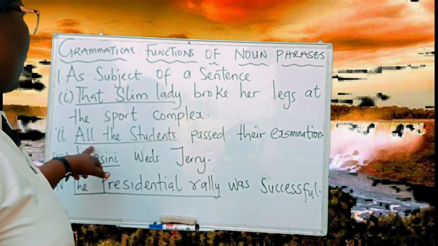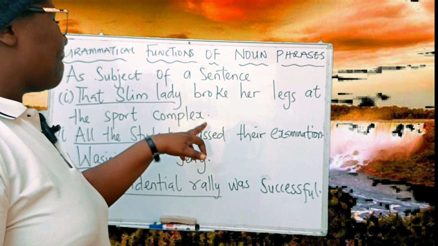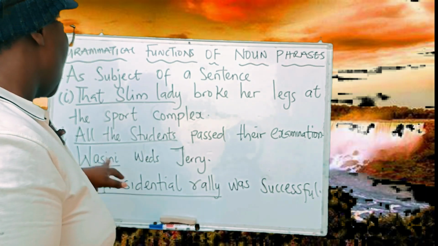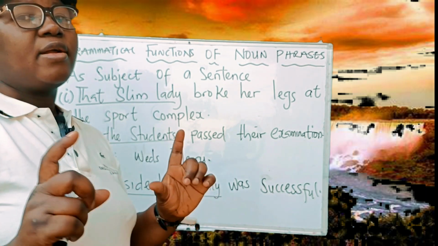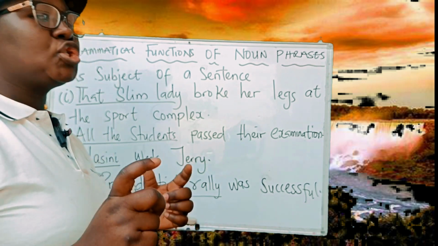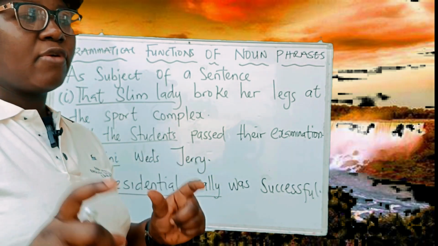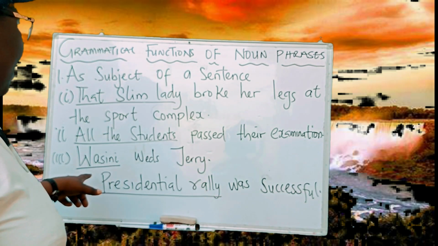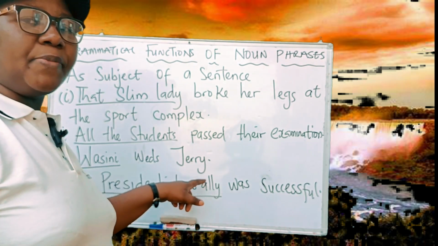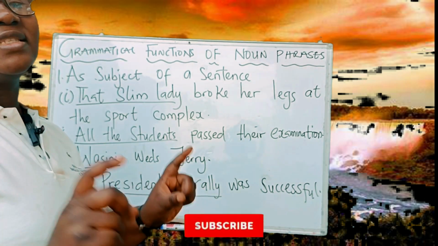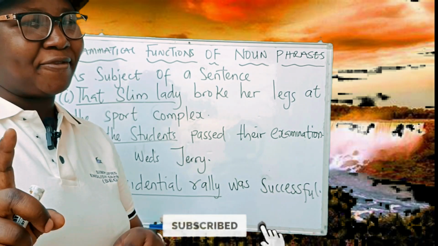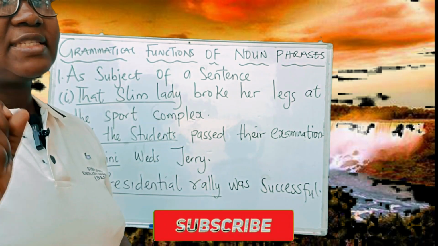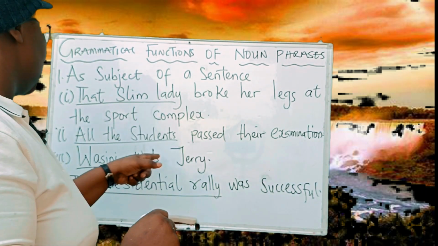Two, we have: all the students passed their examination. All the students here refers to a noun phrase functioning in the subjective position. Number three, we have: what's in it is wonderful. What's in it here is a single word, also a noun phrase, functioning as a subject in this sentence.